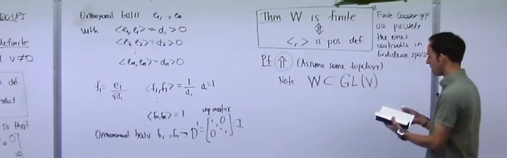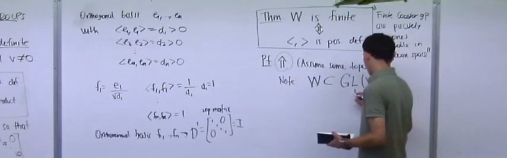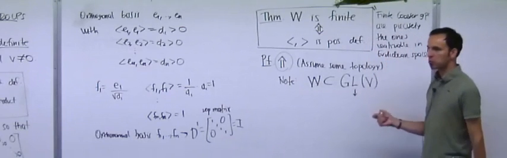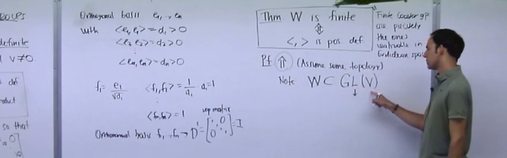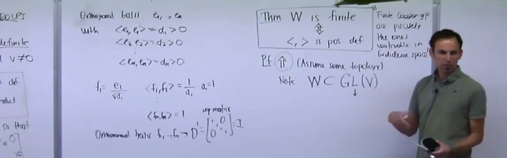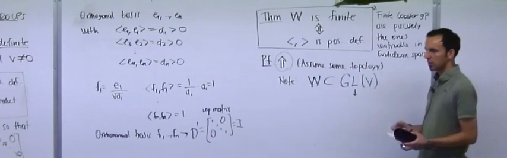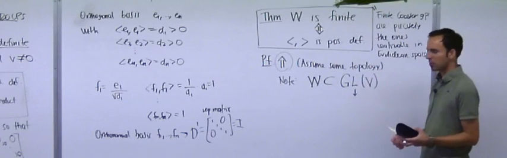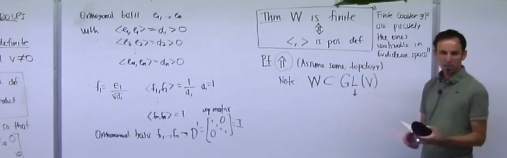Now, the thing about this is that, again, once you are willing to choose a basis, then invertible linear transformations are just invertible matrices. A linear transformation is just multiplying by a matrix, and it's invertible if and only if the matrix is invertible.